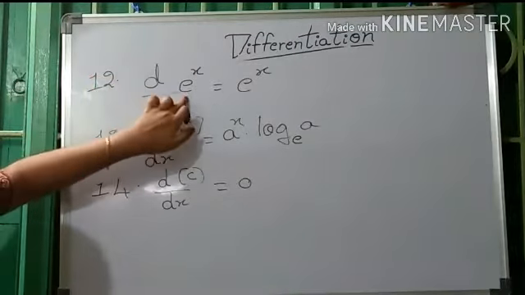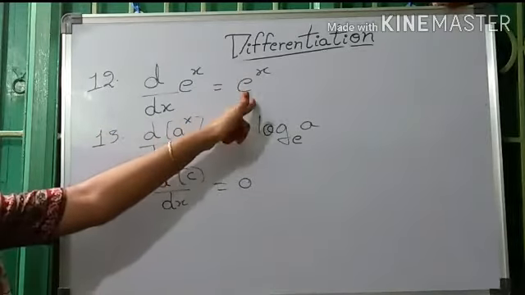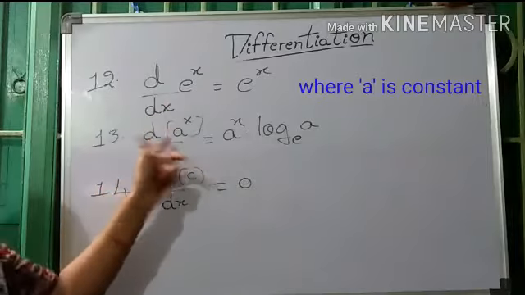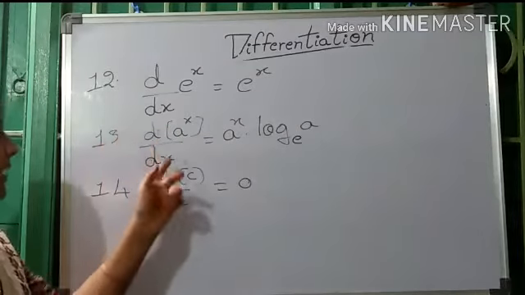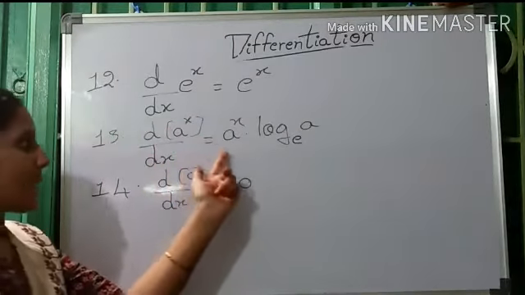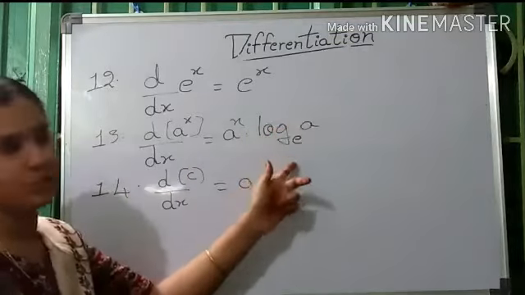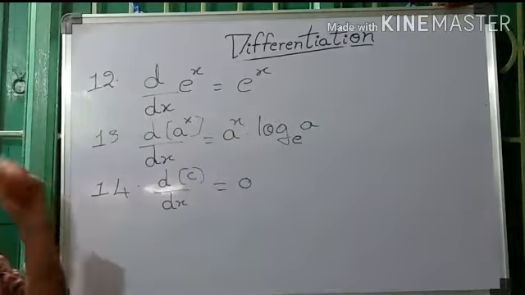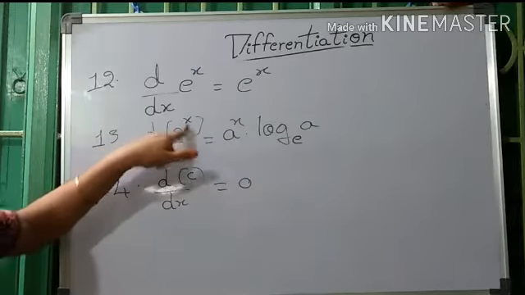d by dx of e power x is equal to e power x only. And d by dx of a power x, where a is some constant, is equal to a power x into log a to the base e. Actually, this formula is derived from this. Let us put e in place of a.